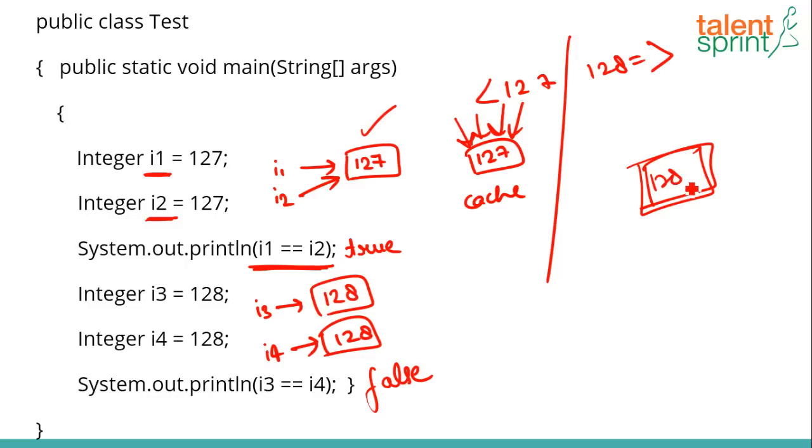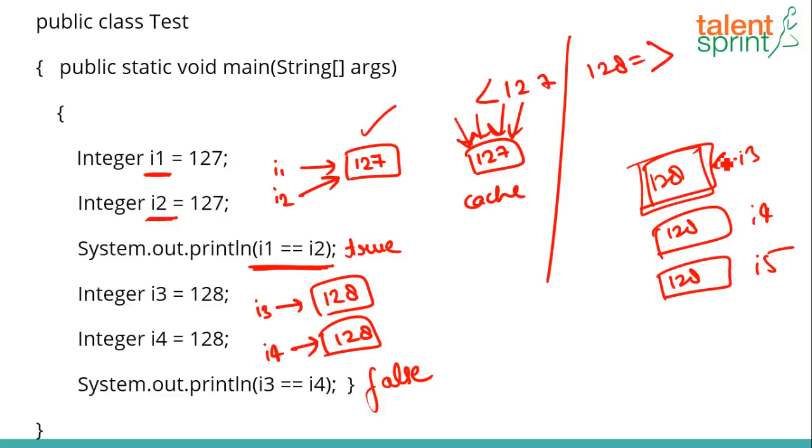So every time you create a variable with 128, since it is not in the cache, a new object is created. So I3 is a new object, I4 is a new object. If you create an I5, that will be a new object. And since all these are new objects, these will be pointing to different locations, and hence this will result in false.